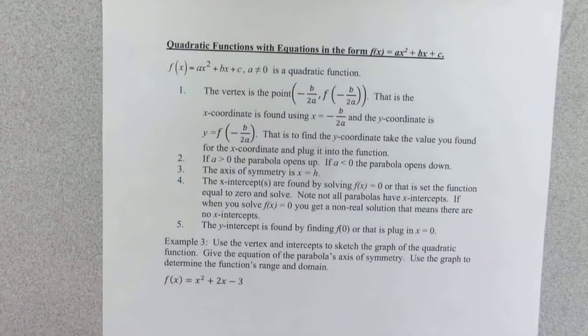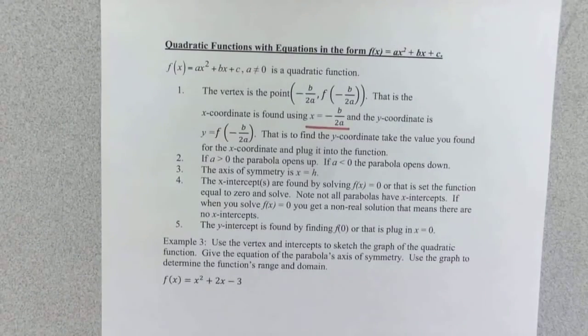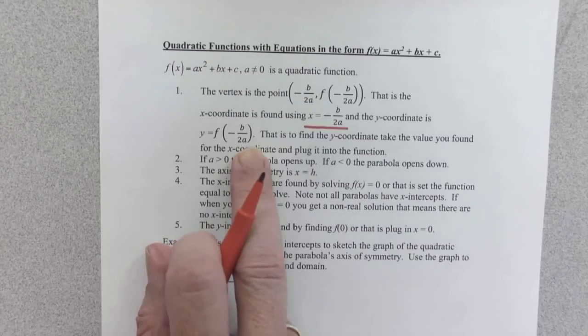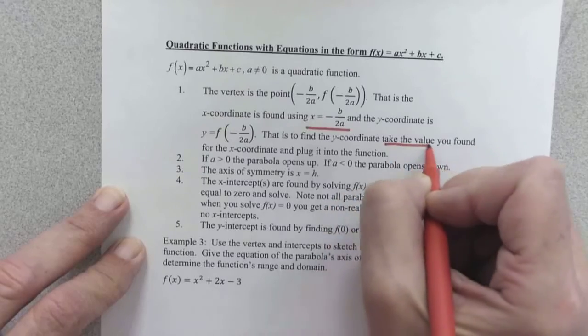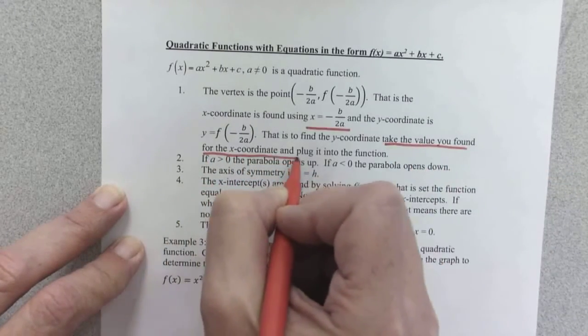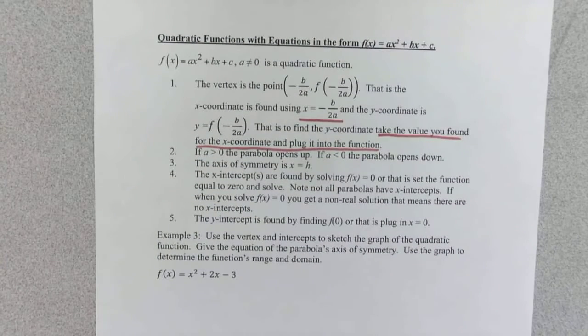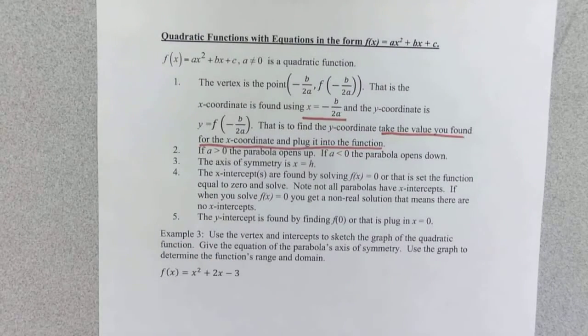That is, the x-coordinate is found by using this tiny little formula, x equals negative b over 2a, and the y-coordinate is f of negative b over 2a, or that is, to find the y-coordinate, take the value you found for the x-coordinate and plug it into the function. And then everything else is exactly the same as before. The only difference when it's in this format is how I'm going to find the vertex. Everything else is exactly the same.